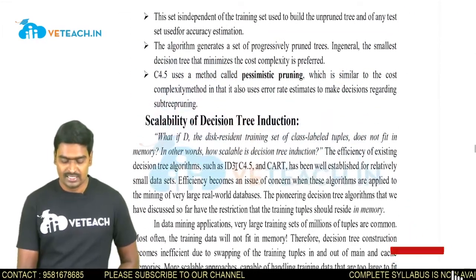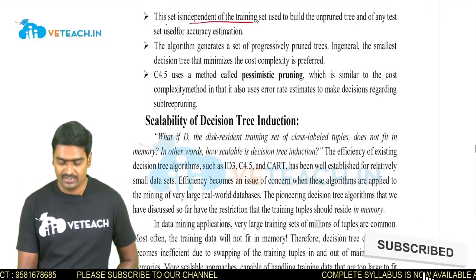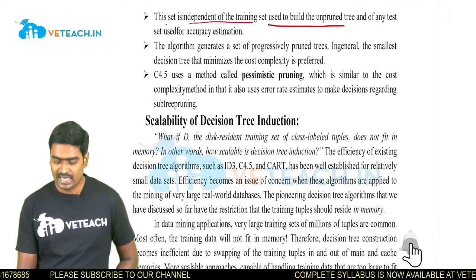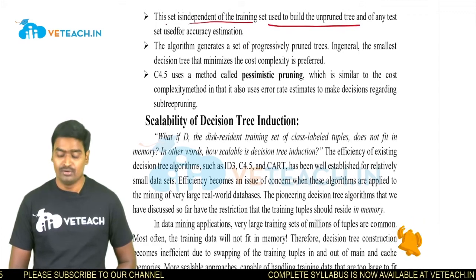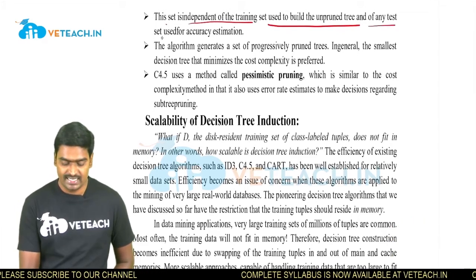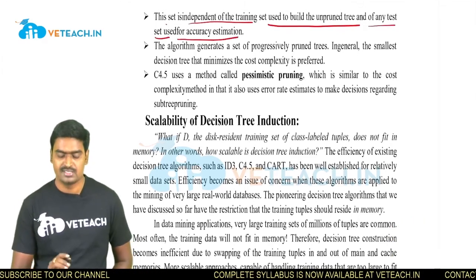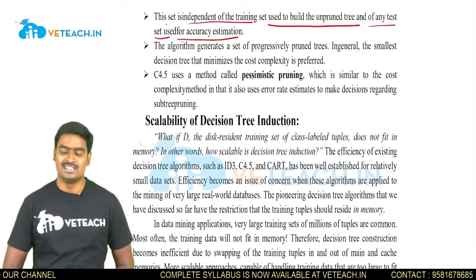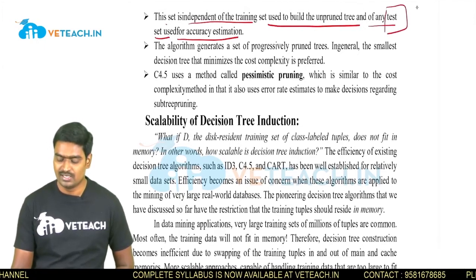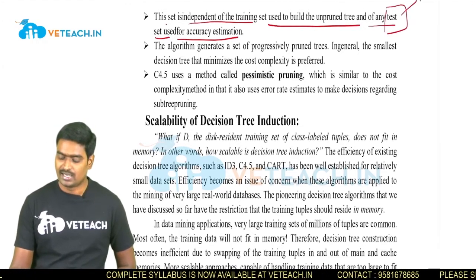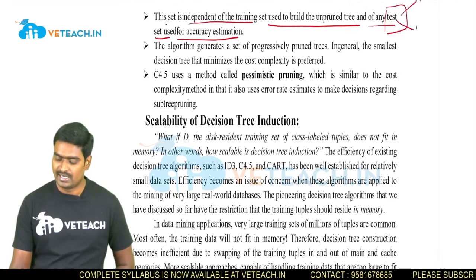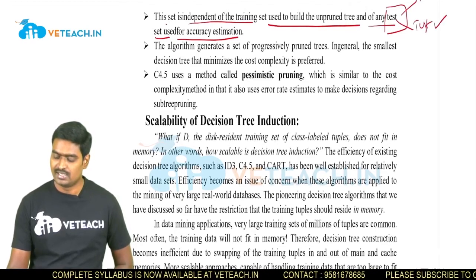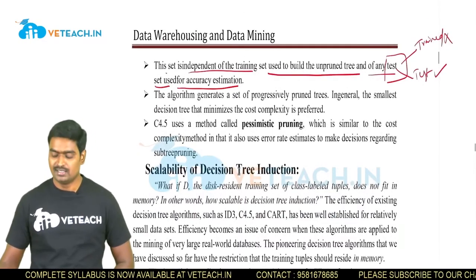And now this set is independent of the training set used to build an unpruned tree, and of any test set used for accuracy estimation. Any test set, not the training set. So here we have to observe this: this is not the training set, this is the test. So this is the training and test set.